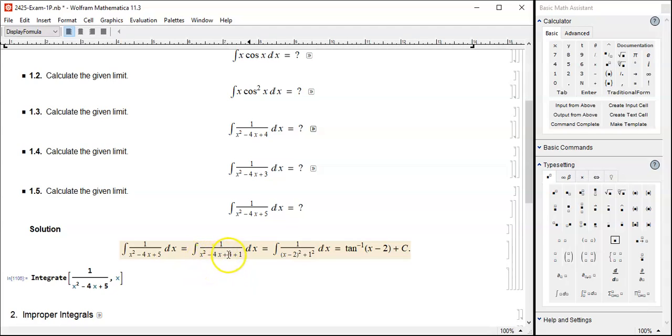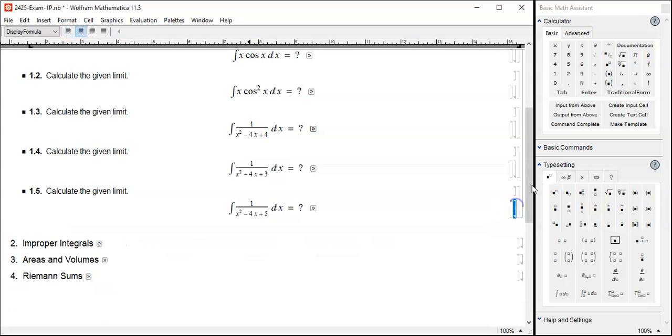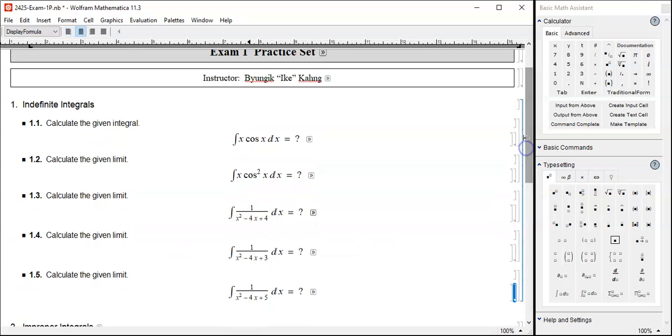This part is the complete square, x minus 2 squared plus 1. This is the derivative formula for the arctangent function, so you just get arctangent of x minus 2. So much for the antiderivative problems.